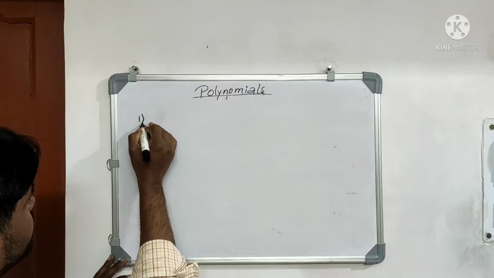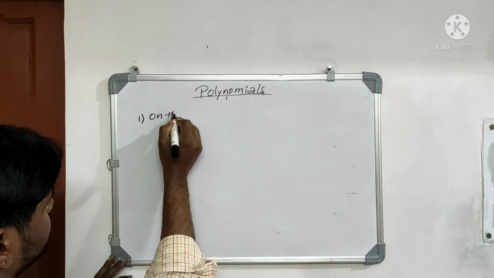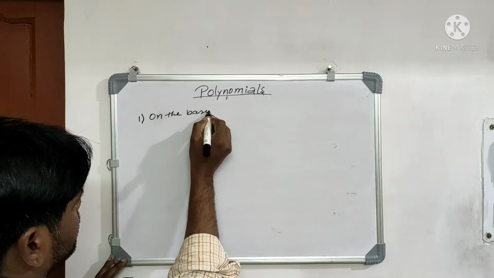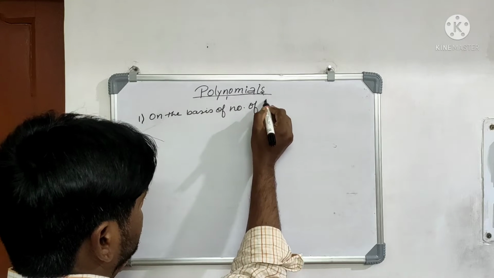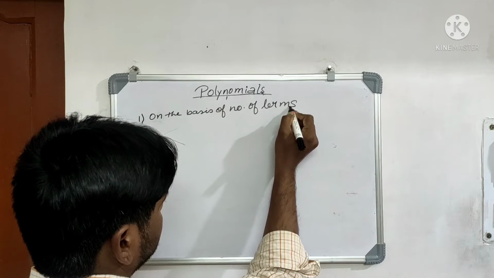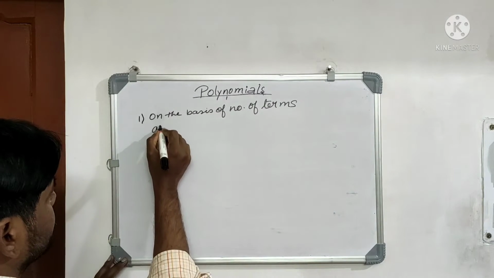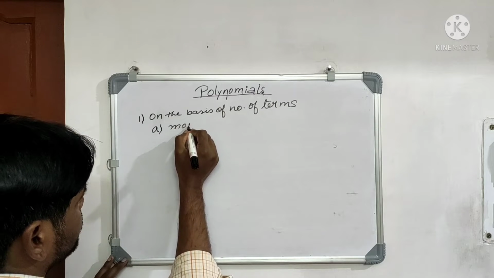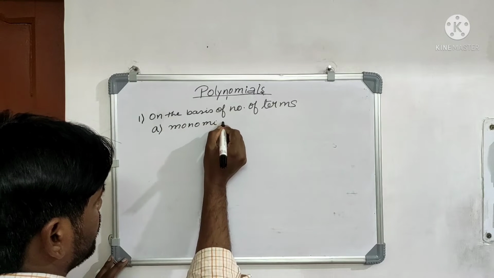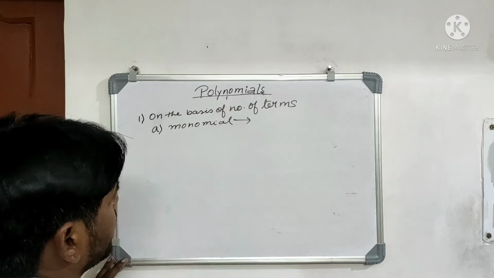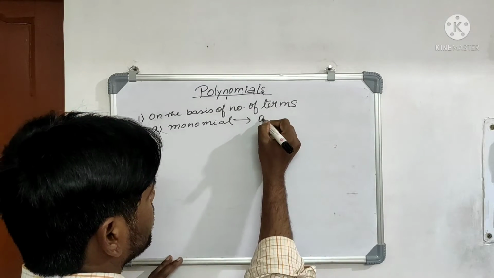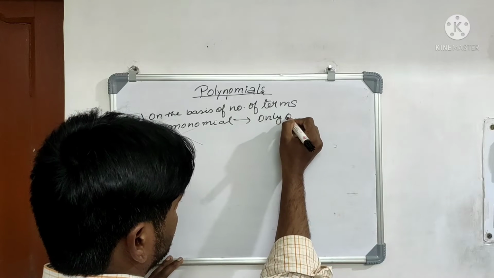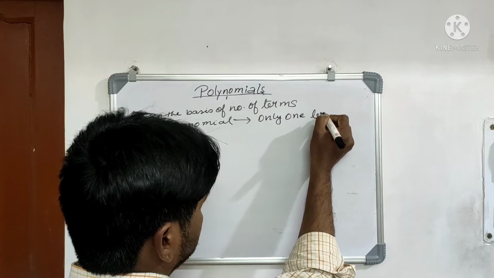On the basis of the number of terms, the first one is monomial. It is an algebraic expression which has only one term in it.